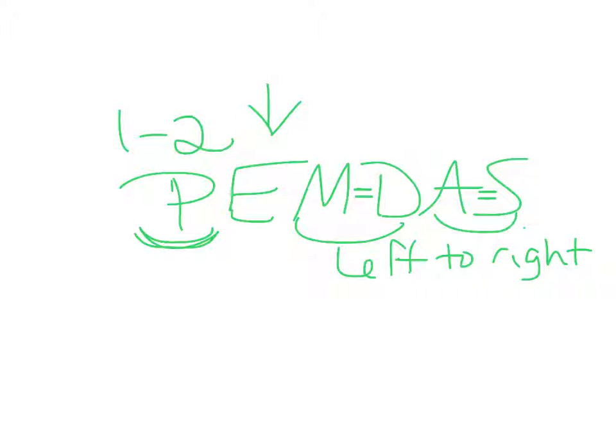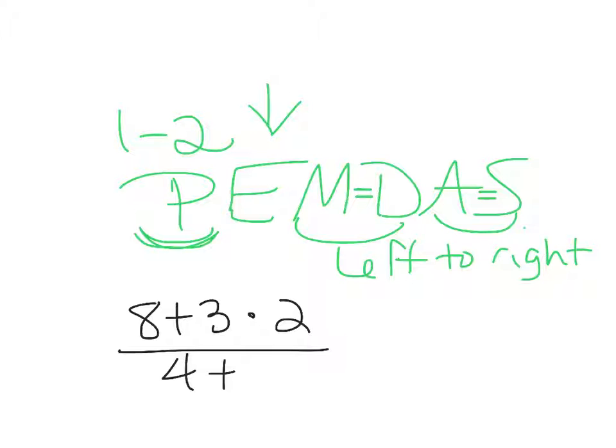So for example, you might get a question that is going to look like something like this. Let's say we have 8 plus 3 times 2 divided by 4 plus 3. What would you do first? 3 times 2 on the numerator.